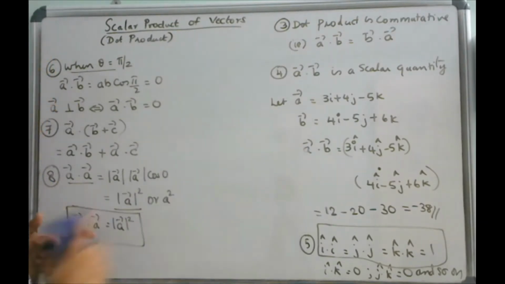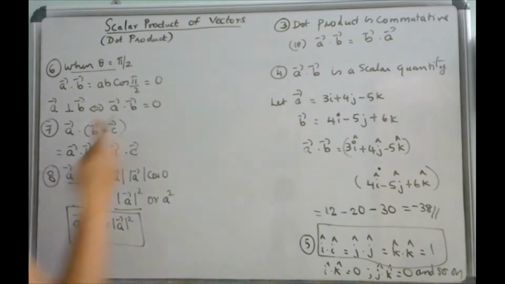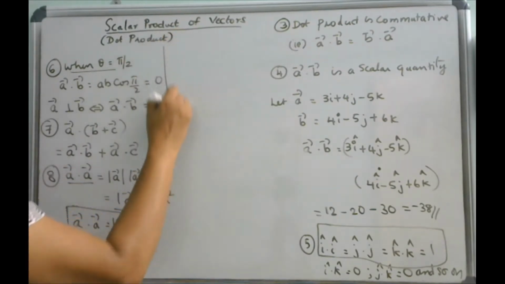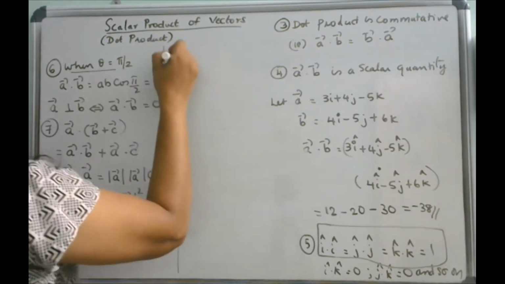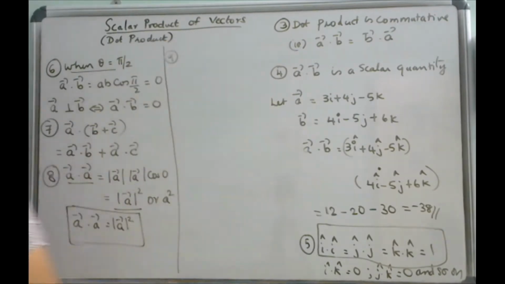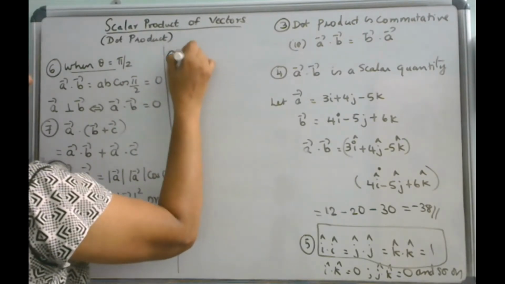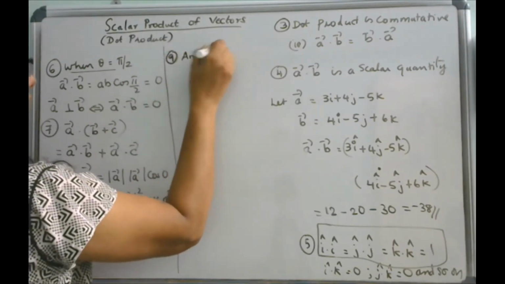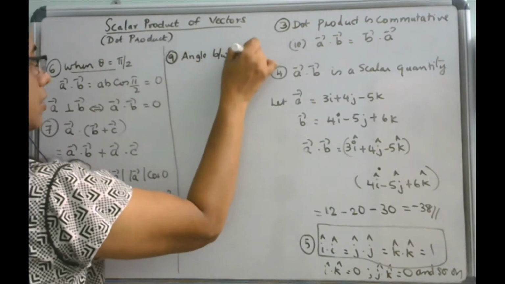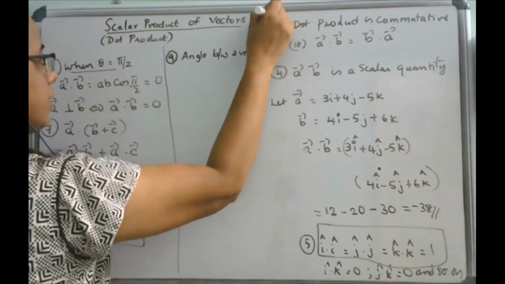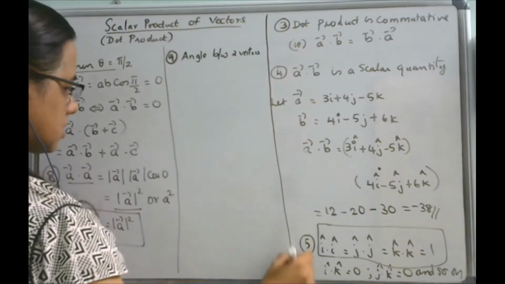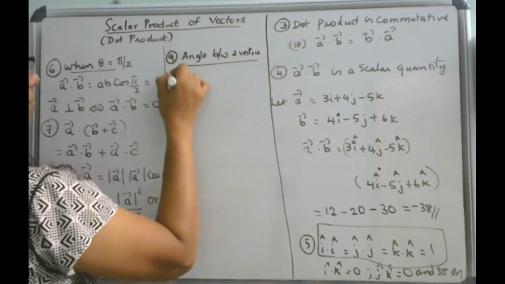Now coming to property number 9. Property number 9 says about finding the angle between two vectors. How to find the angle between two vectors? For that we make use of the definition.